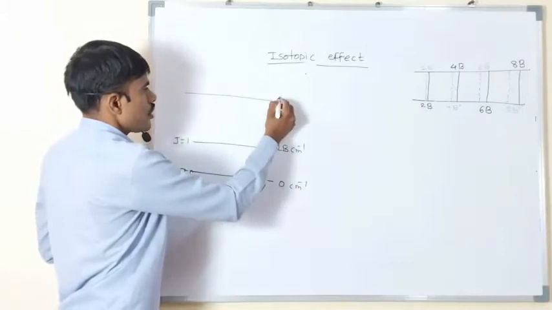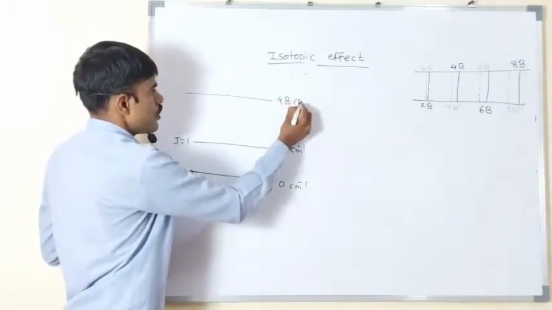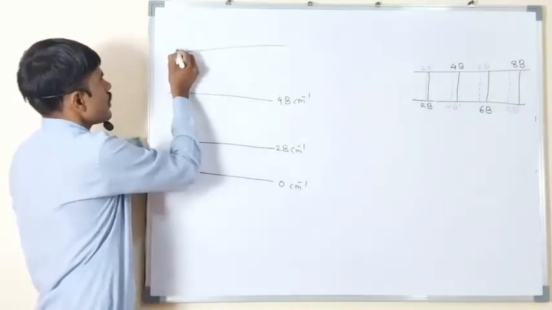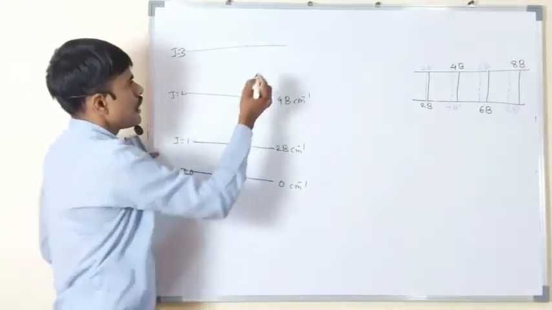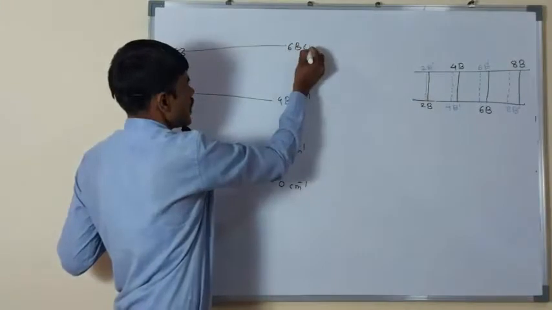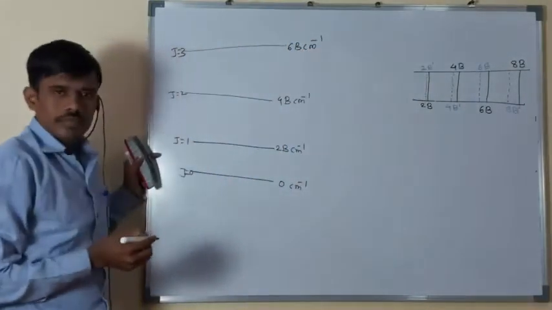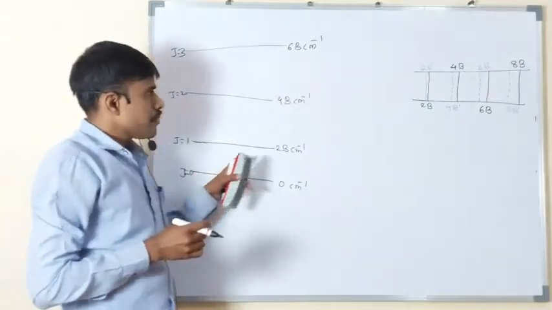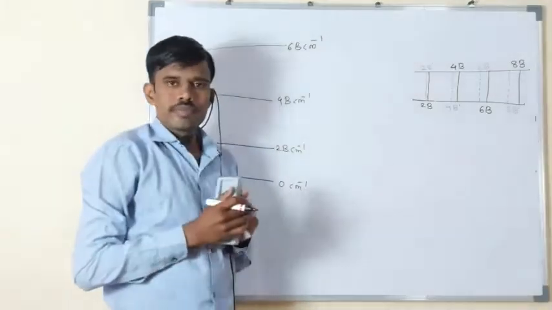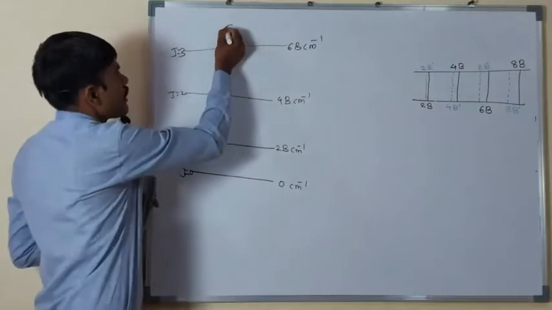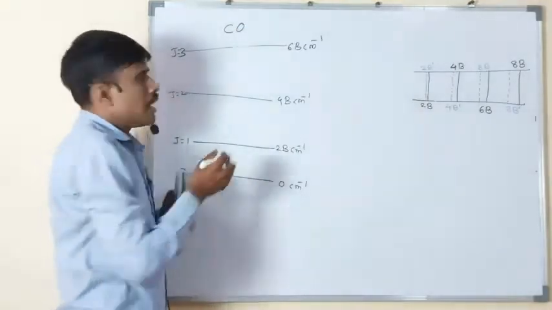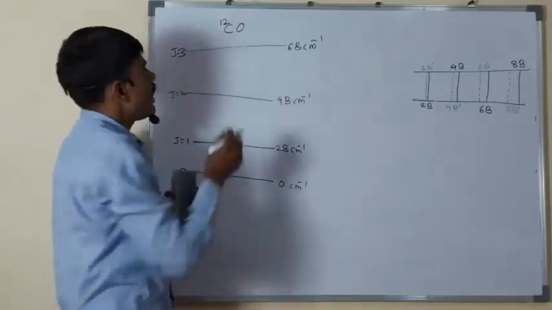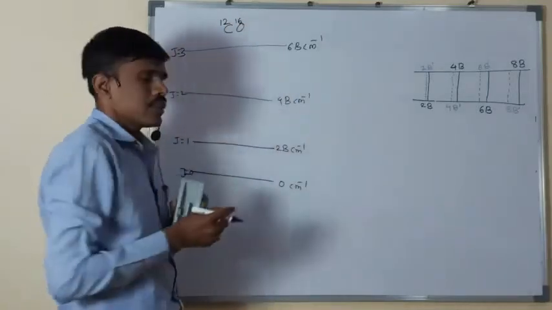Then J equal to 2 is 4B centimeter inverse, J equal to 3 is 6B centimeter inverse, and so on. These are the values of carbon monoxide having carbon C12 and oxygen O16.